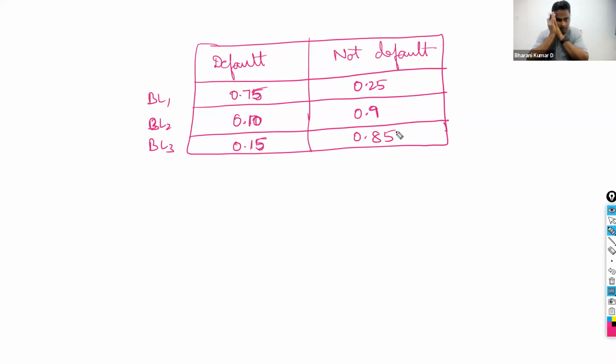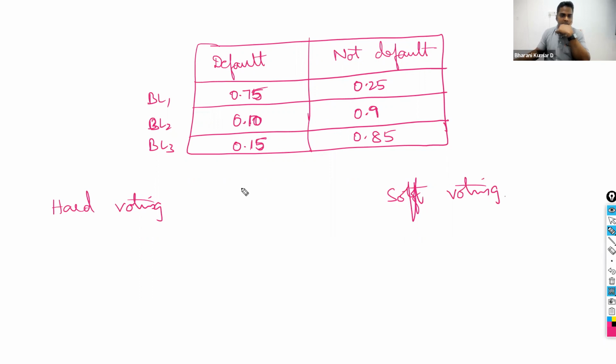Now, how do I apply hard voting on this? And how do I apply soft voting on this? Hard voting means, using base learner 1, what will be the result? Default.